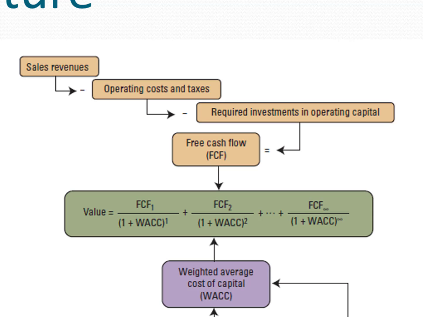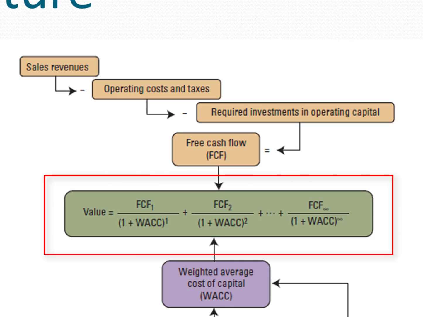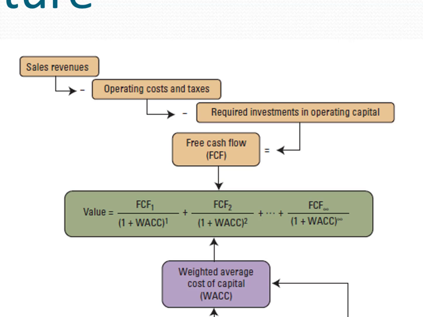And the free cash flows determine the value of the firm. So in this middle greenish box, we can see that the value of a firm is determined by the discounted free cash flows from now until the firm ceases to operate. And we're going to look at this equation in much more detail later in the course. But for now, in that middle area, value is determined in part by the free cash flows of the firm.